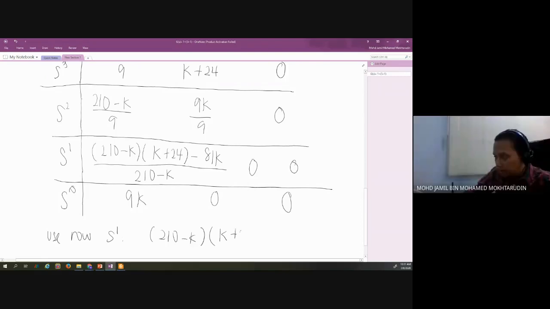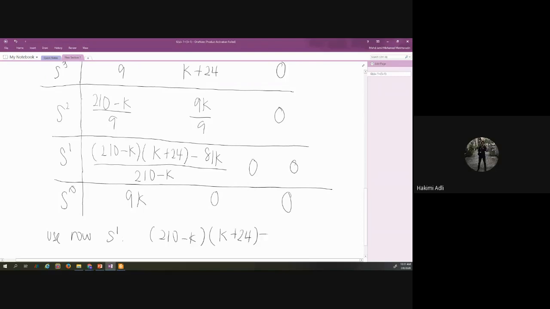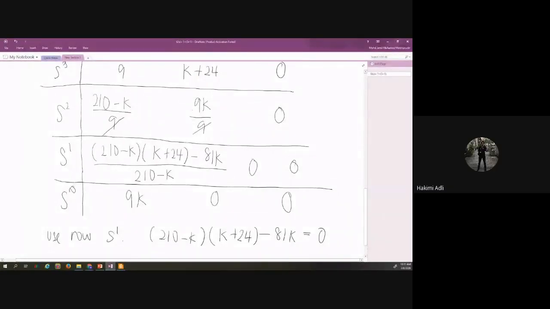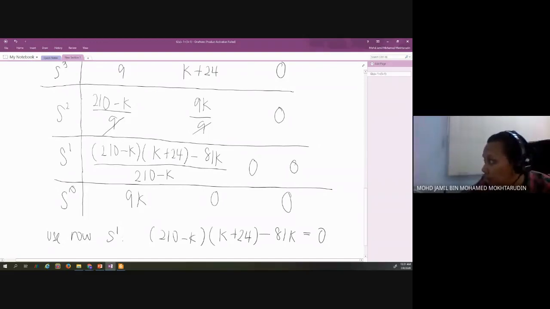Betul. Ya. Ni yang S1 tu kan. Bukannya 210 tolak K bahagi dengan 9? Ya. Kat sini yang bagi dengan 9 tu kita boleh simplify kan. Sebab dia sama. Boleh factorize. Okay. Tapi dalam slide tu dia tulis K kan.